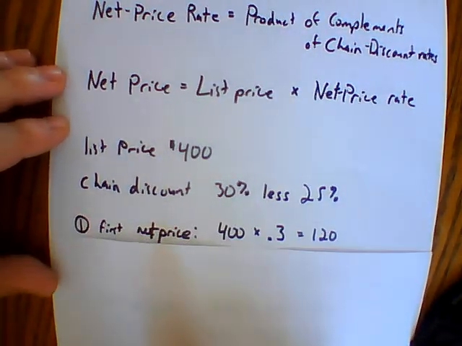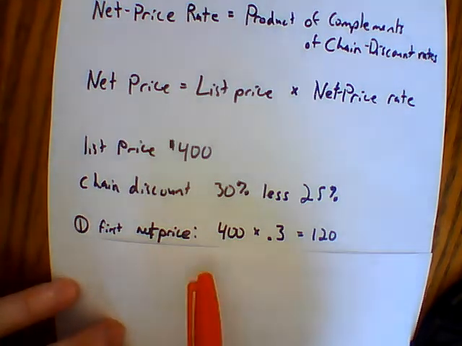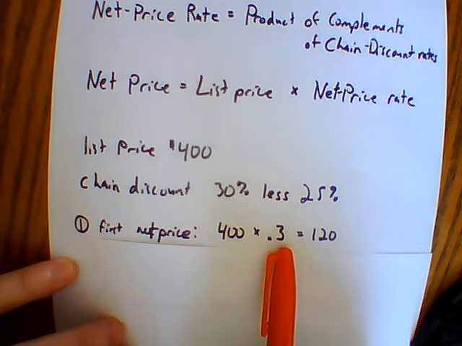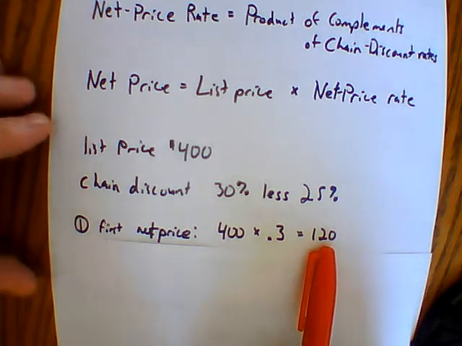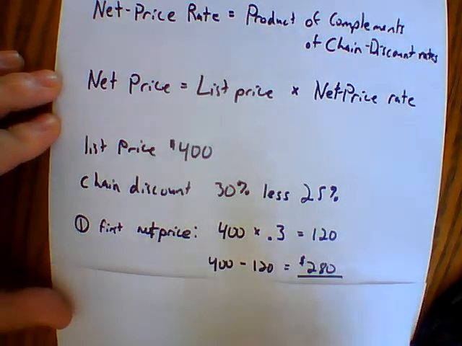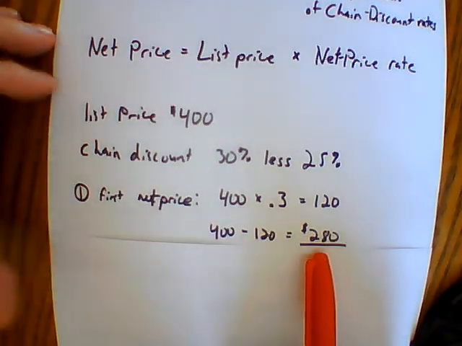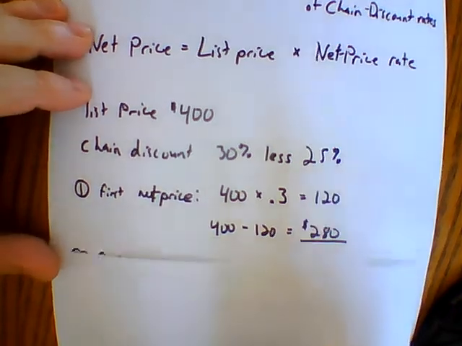First, let's figure out what 30% off would be. That's 120. So we take 400 minus 120, which equals $280.